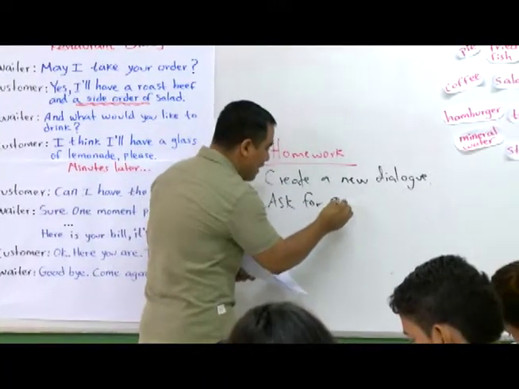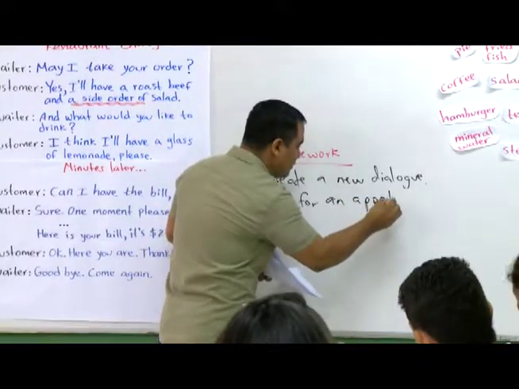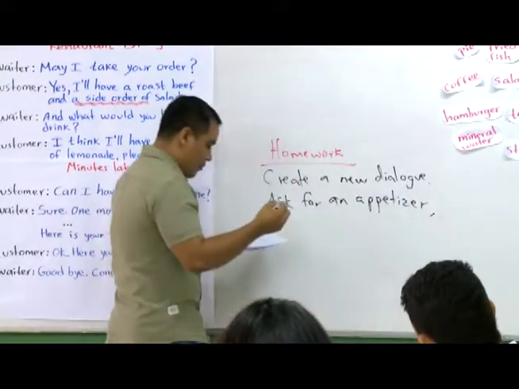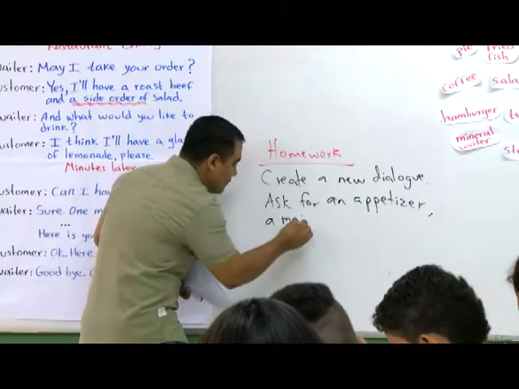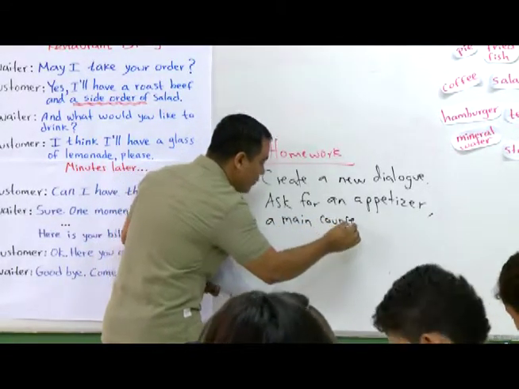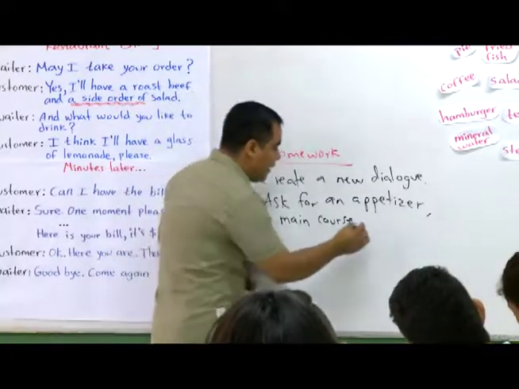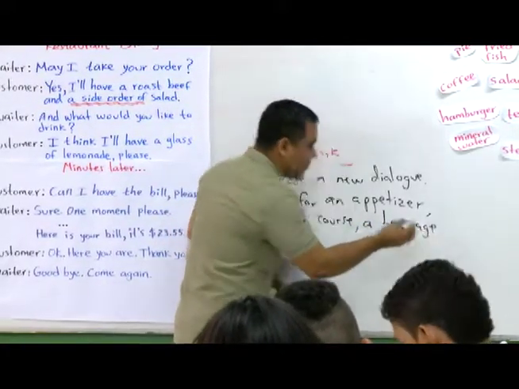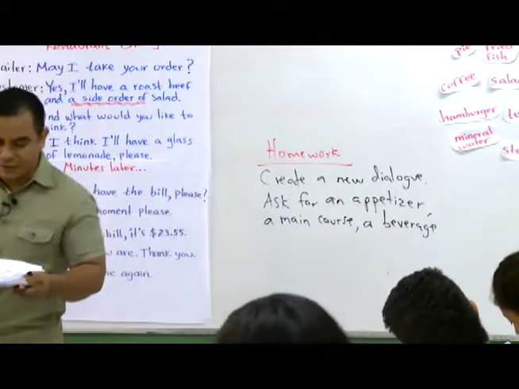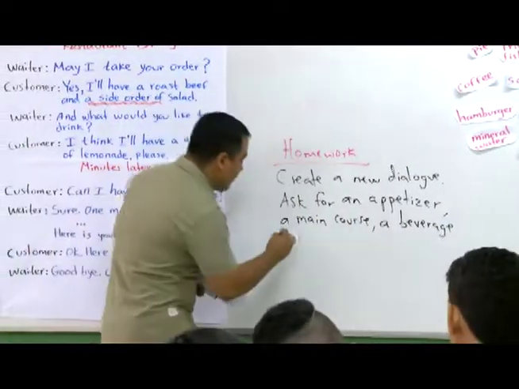order an appetizer. You're going to order a main course, of course. A beverage and a dessert.